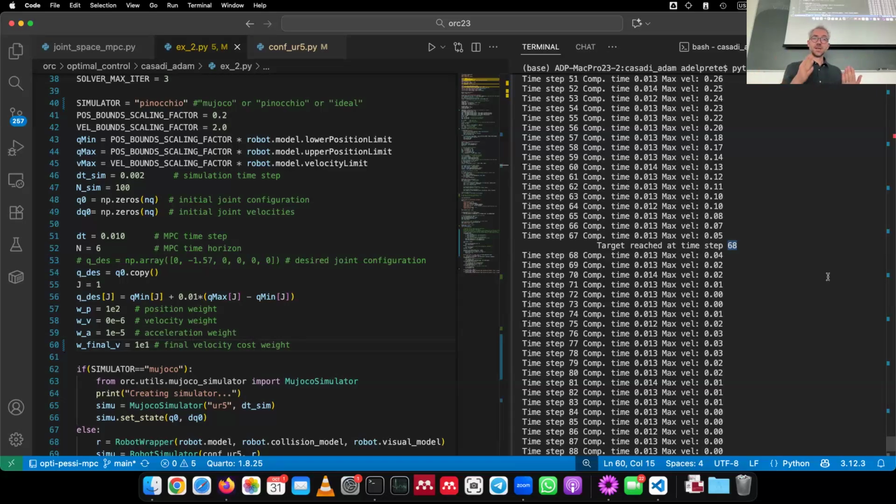And the tuning, what we're doing right now is not at all sufficient to say that this is the right value for the terminal cost, because we are just testing one initial condition and one desired joint configuration. We should test it on a much broader set of initial conditions and desired configurations.